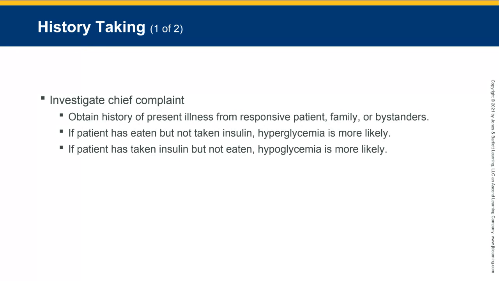So investigate the chief complaint. Obtain history of present illness from responsive patient, family, or bystanders. If the patient has eaten but not taken insulin, hyperglycemia is more likely. If the patient has taken insulin but they didn't eat enough, low blood sugar or hypoglycemia is more likely to occur.